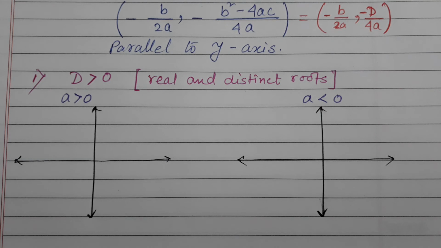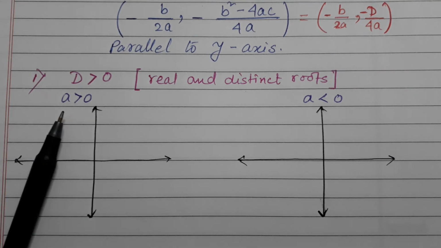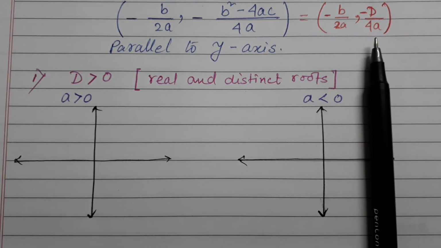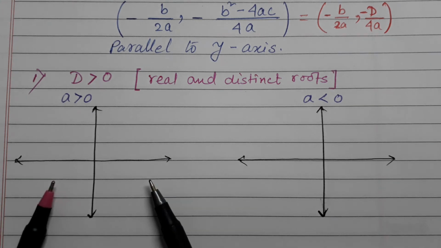Now let us draw the axis first for both the cases. Now in this case, when d is greater than 0 and a is greater than 0, the y coordinate of this vertex will be negative. Therefore, this coordinate will lie below the x-axis. Therefore, the vertex will be either in the fourth quadrant or in the third quadrant.